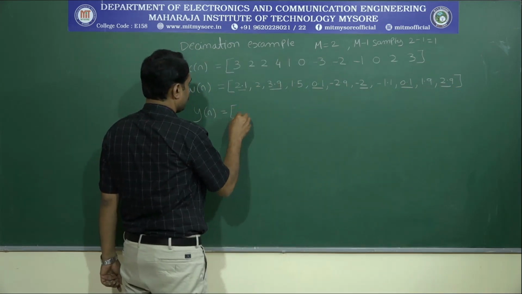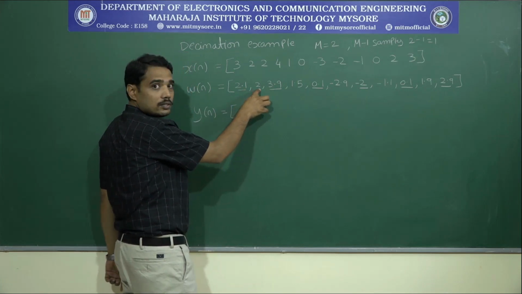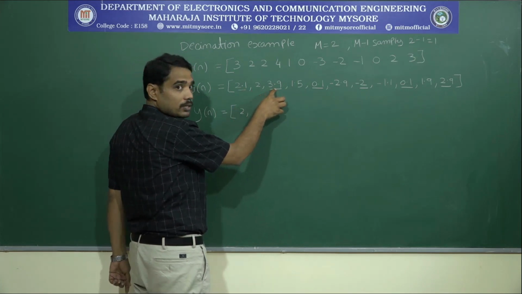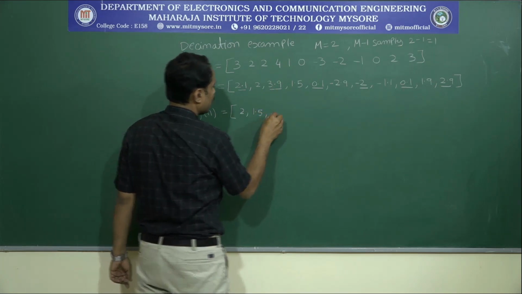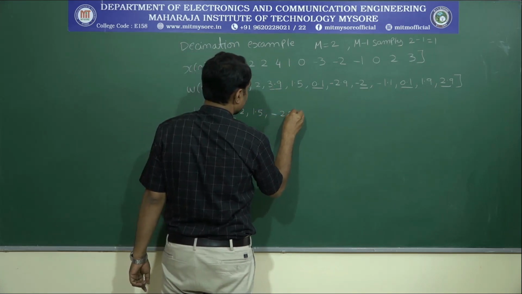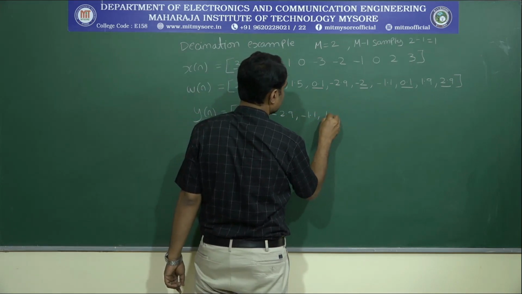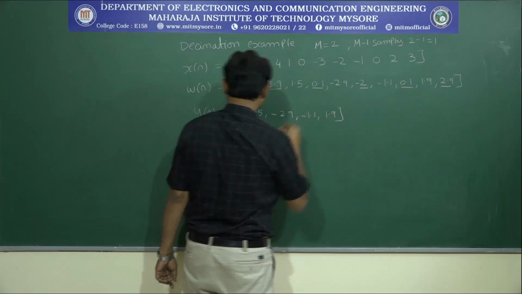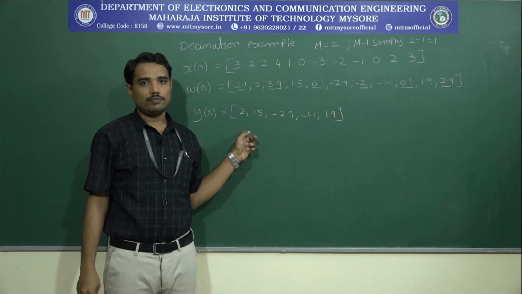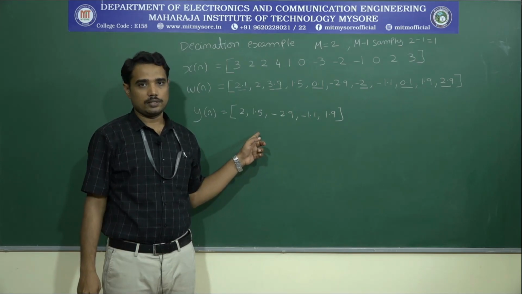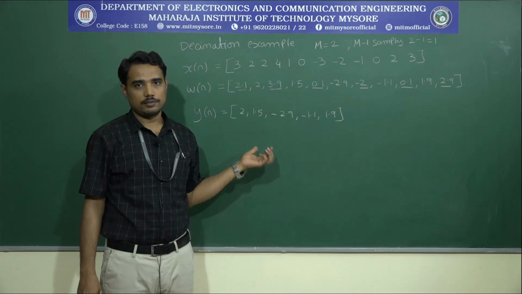Then we get 2, we are dropping 2.1, considering the next sequence 2, dropping 3.9, then considering 1.5, and so on. This is the output sequence y of n after downsampling. In this form, we are going to get the output for decimation.